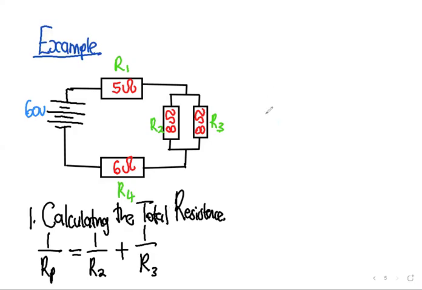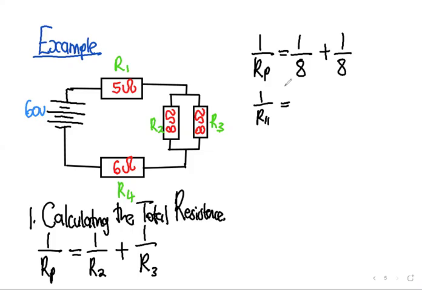Now what we are going to do from here, we're gonna write 1 over R parallel, which is gonna be 1 over our second resistor, R2 is 8, plus 1 over our third resistor there, which is 8, right? Then you take your calculator: 1 over 8 plus 1 over 8 gives you 1 over 4.